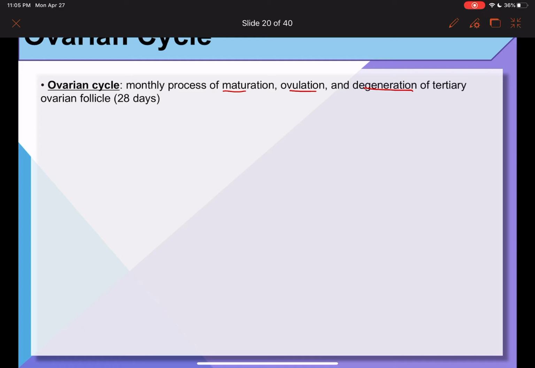So with the 28 days, you can see why the ovarian cycle and menstrual cycle work hand in hand. They happen simultaneously and coordinate with each other to prepare the female's body for housing an embryo, if the egg is fertilized.